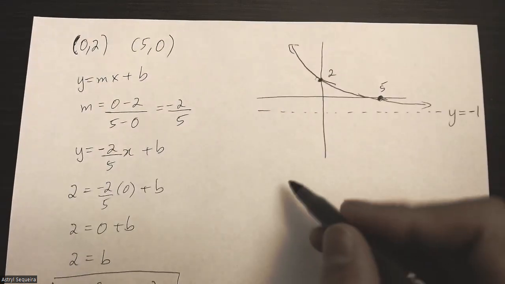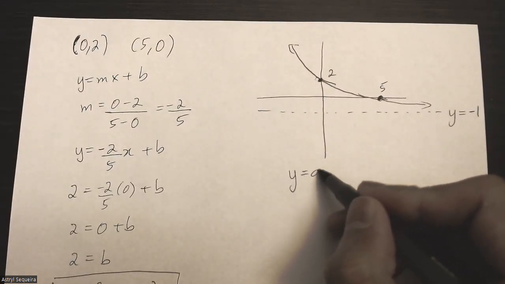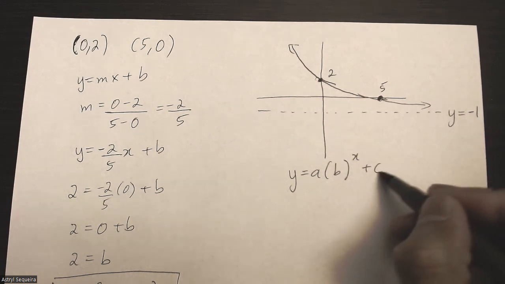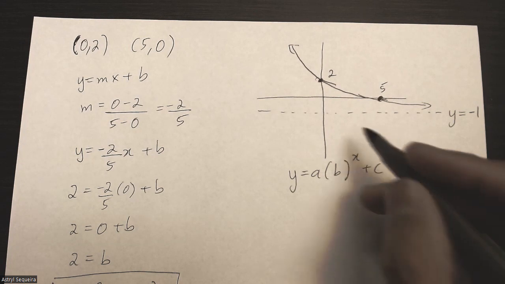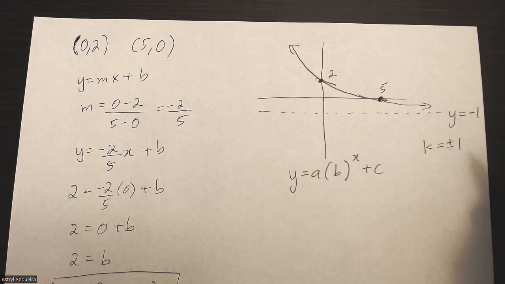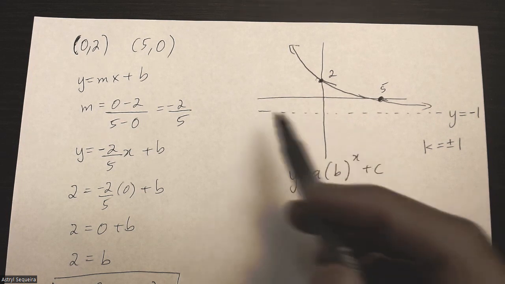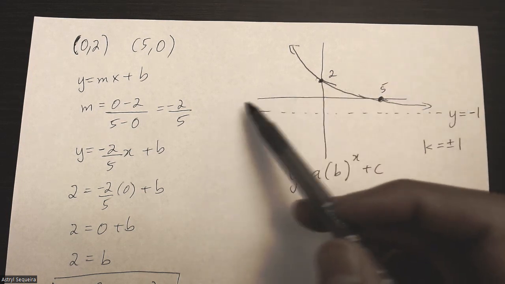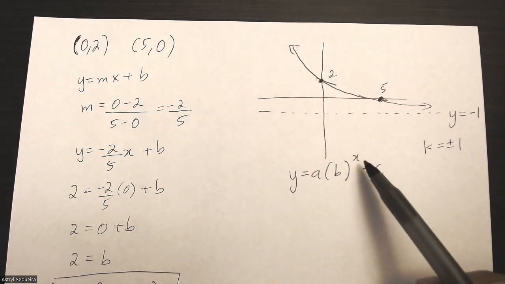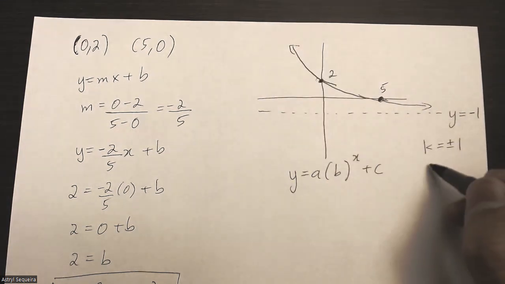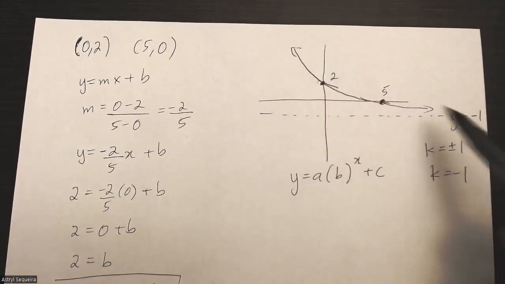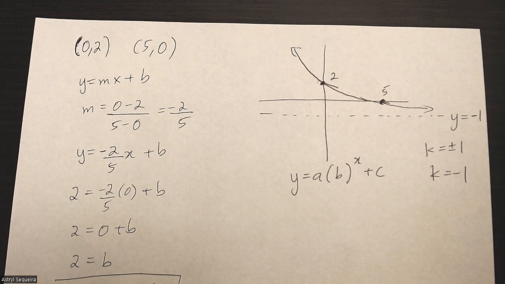So for an exponential equation, my equation is y equals a b to the power of kx plus c. And if there's a reflection in the y-axis, k can be plus or minus 1. So if I pick this to be exponential growth, normally I can tell that this has a reflection in the y-axis, which means my k value in this question is going to be -1, or at least that's what I'm going to choose for this equation.